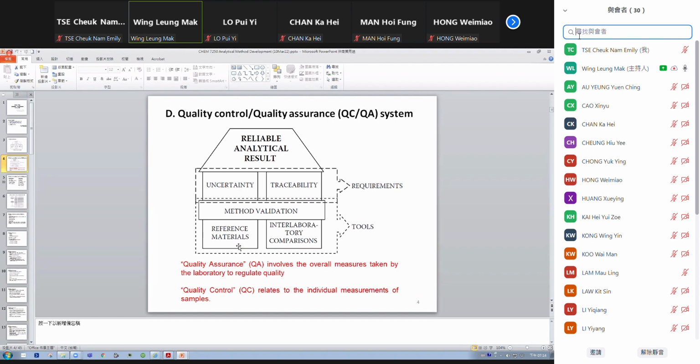When we buy the chemicals from the manufacturer, you may ask for the certificate for this reference material. It will give you the information, for example, 1000 ppm, plus or minus 1.2 ppm. The uncertainty is 1.2 ppm and the reference material concentration is 1000 ppm.